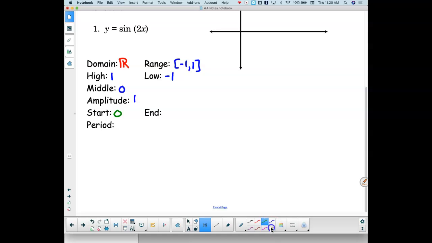Now I've got to say that my period is equal to 2 pi divided by the absolute value of b. B in this case is 2. Absolute value of 2 is 2. So I get 2 pi divided by 2, so my period here is pi.